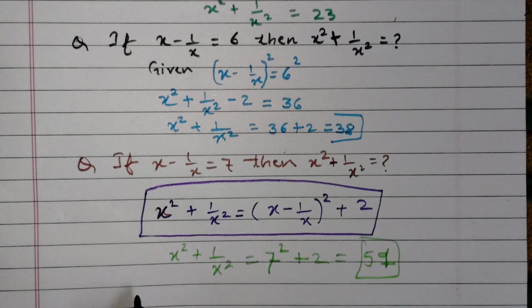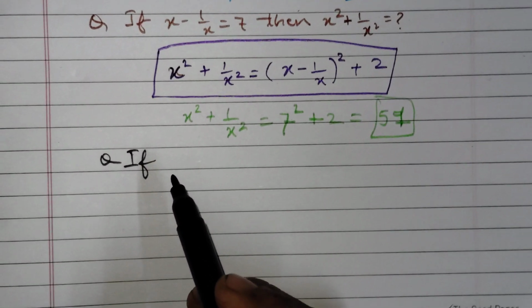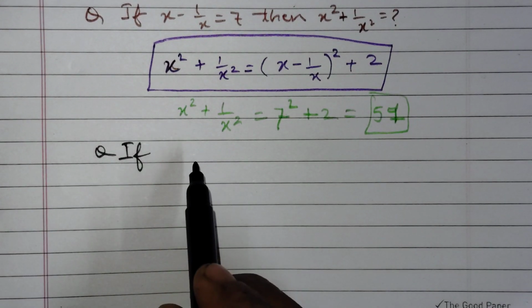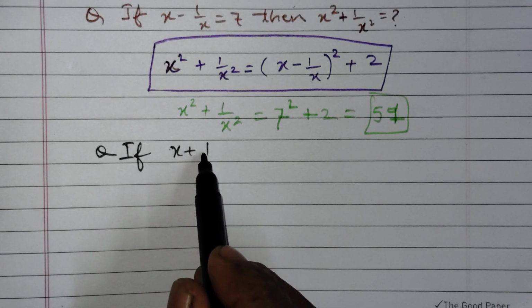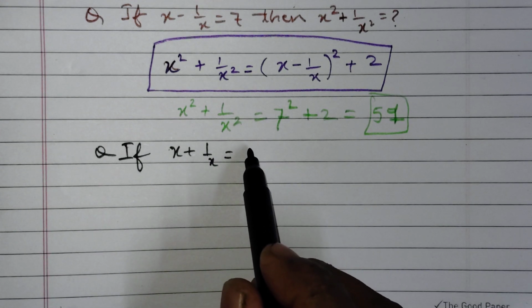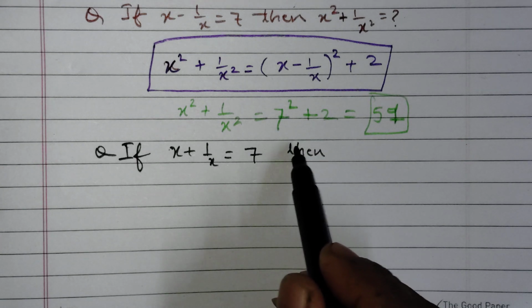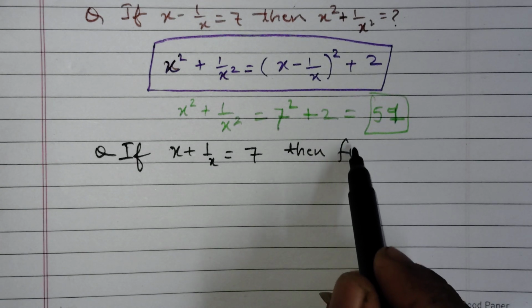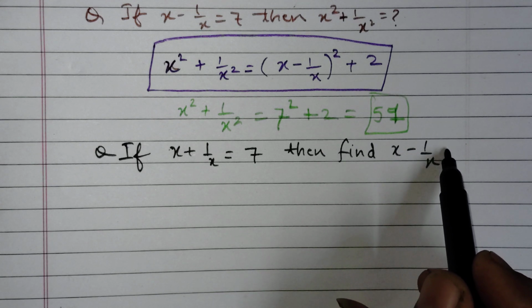The next important formula we are generating is, if there is given x plus 1 upon x as some number, suppose 7, and the question is asking x minus 1 upon x.